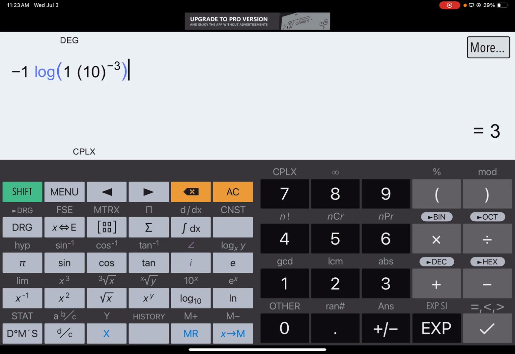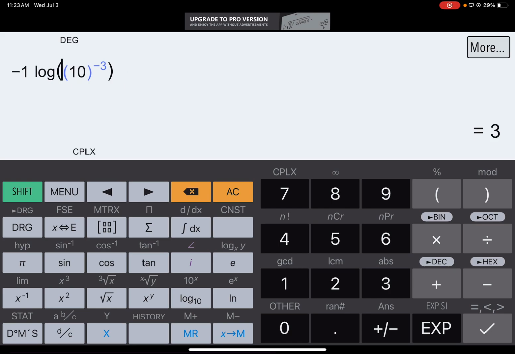So if your number is just 1 times 10 to some exponent, taking the negative log of it will make it equal to that number. So if it's 1 times 10 to the negative 14th, the negative log will be 14. If it's 1 times 10 to the negative 4th, the negative log will be 4. Now often these will be different numbers, right?